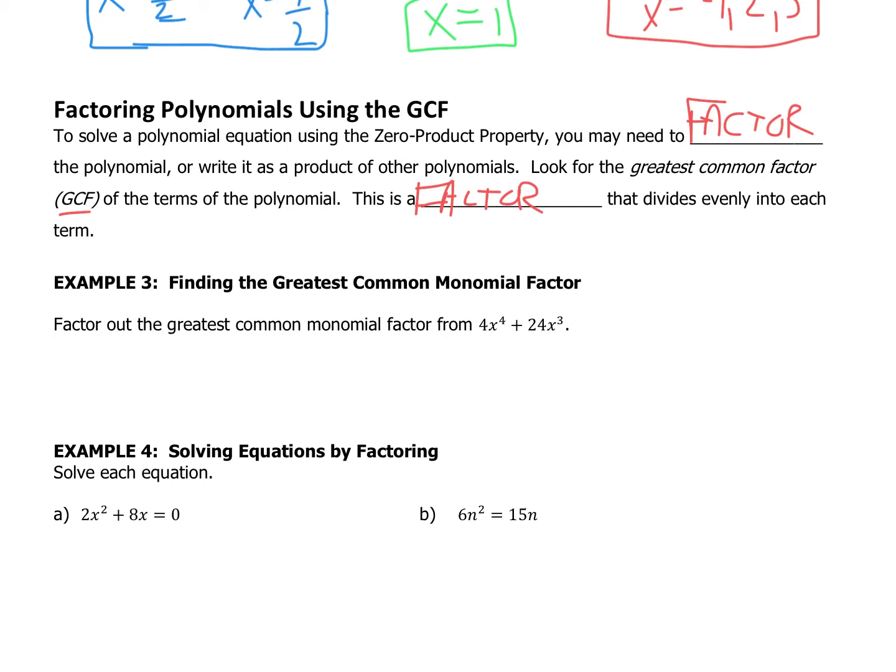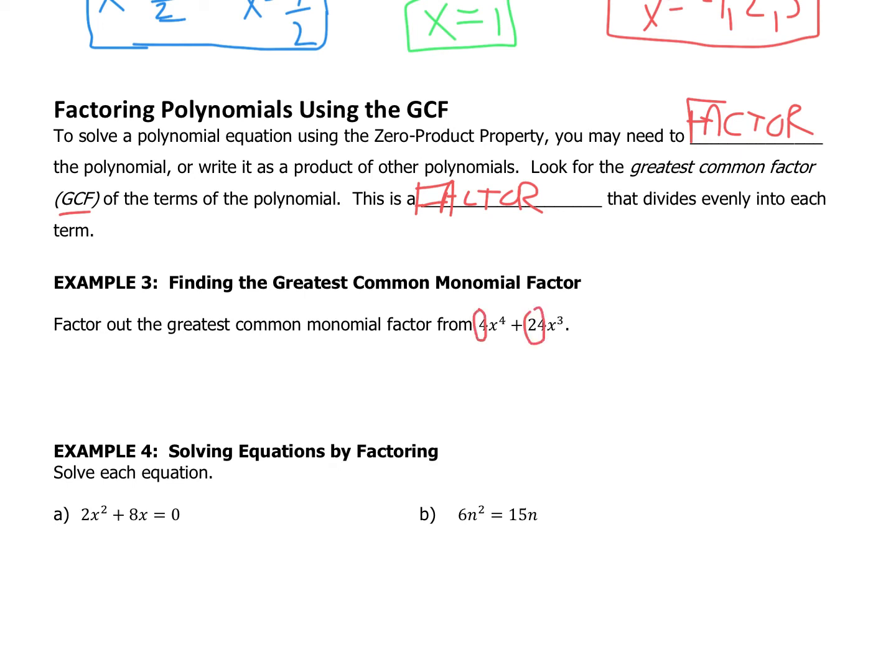So let's look at this first example. Factor out the greatest common monomial factor from 4x to the fourth plus 24x to the third. First, just think about our numbers. What is the greatest common factor of 4 and 24?